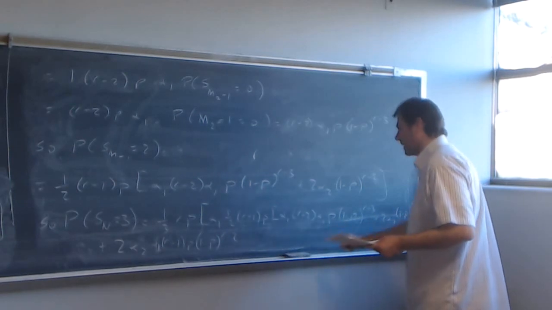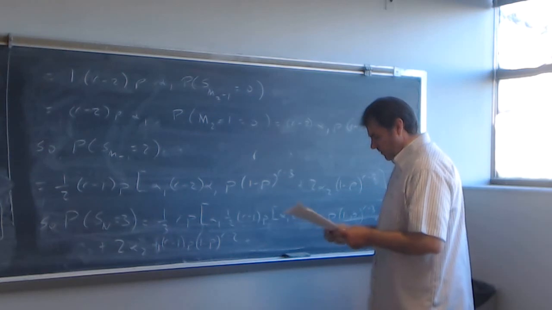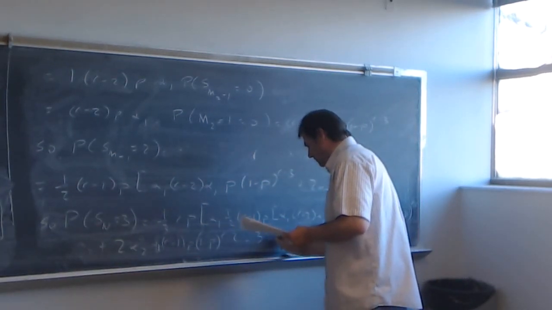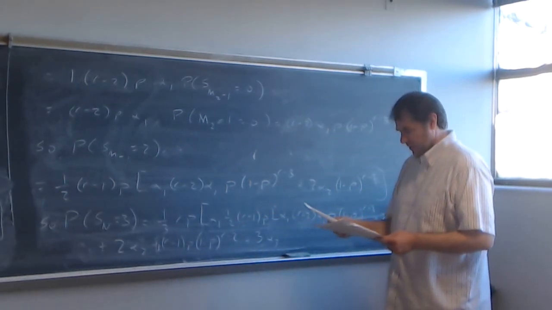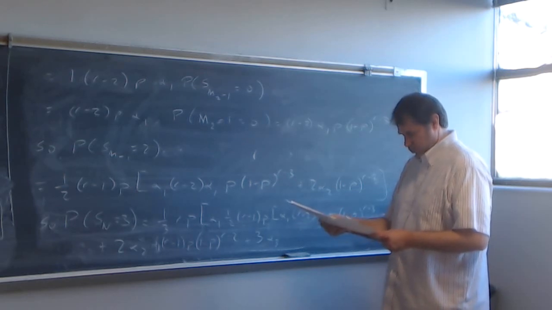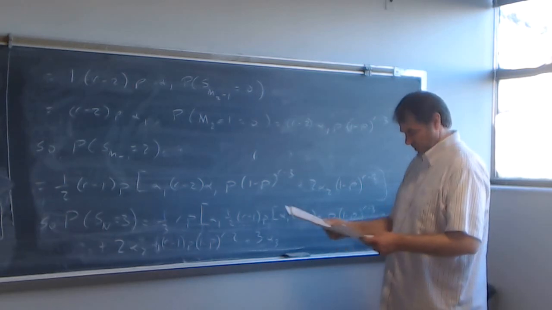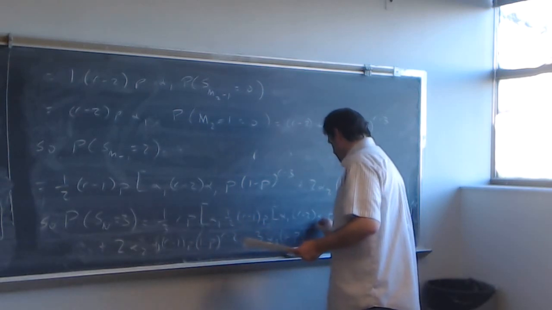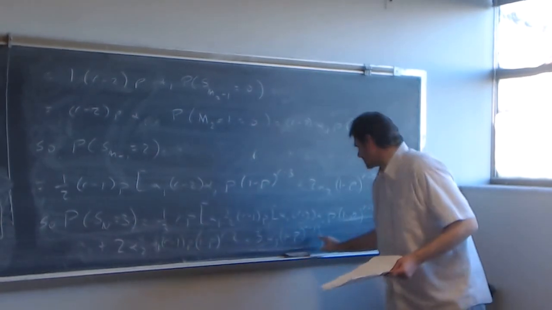So that's still inside this bracket. Plus, then there was a 3, and so it'd be alpha sub 3 times the probability that S of m minus 1 was equal to 0, which we found to be 1 minus p raised to the r minus 1. And so that bracket is ended with that.